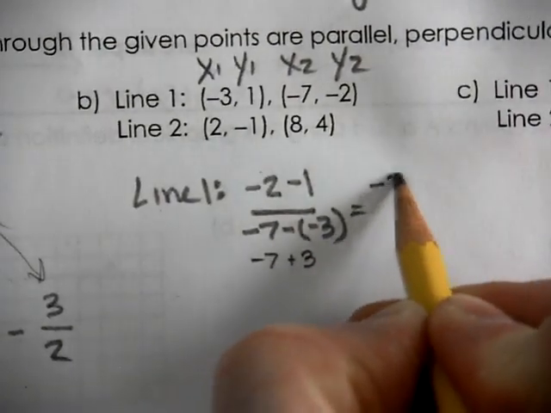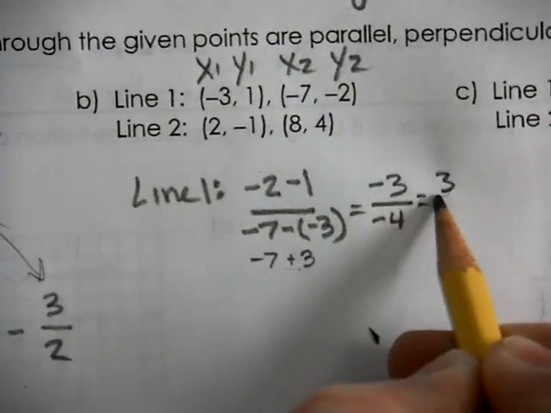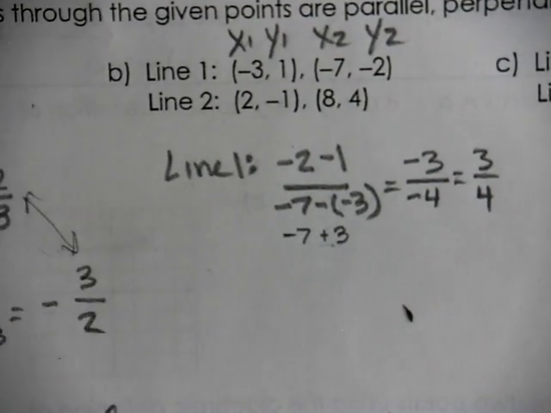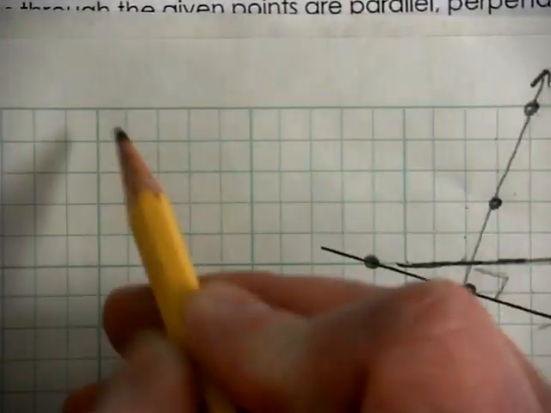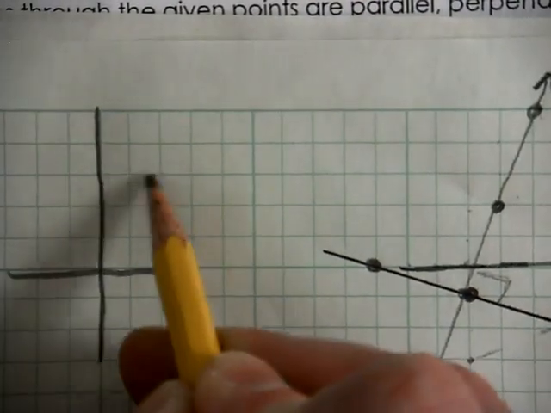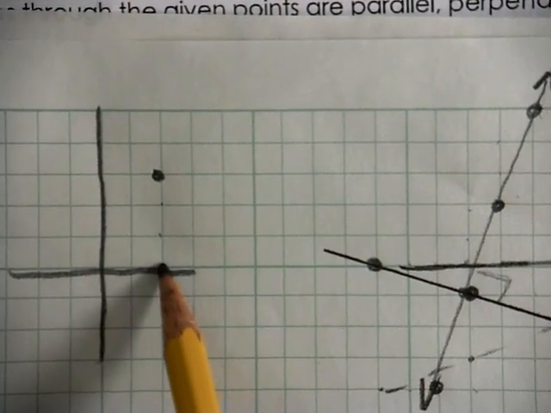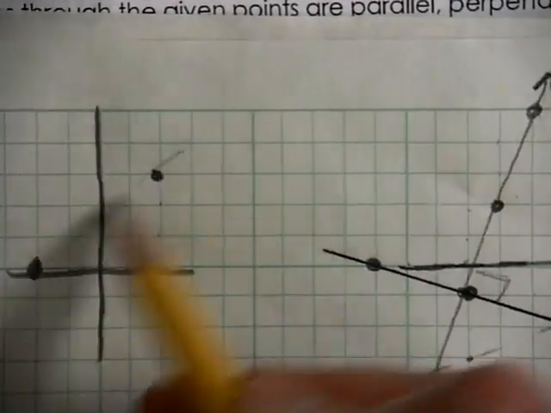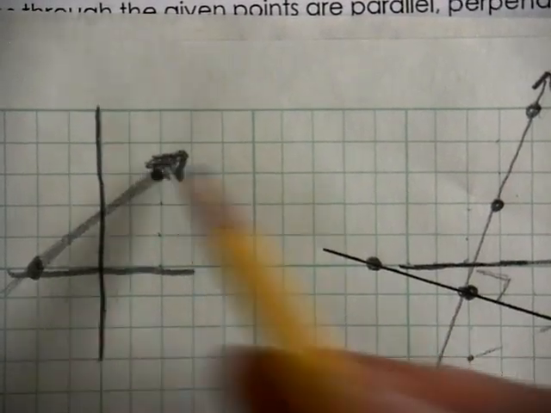So this becomes -3 over -4. If both the top and the bottom are negative, it's going to have a positive slope. You can see that here. If I take a point and go down 3, and go to the left 4, and connect those together, I am increasing to the right. That's a positive slope.